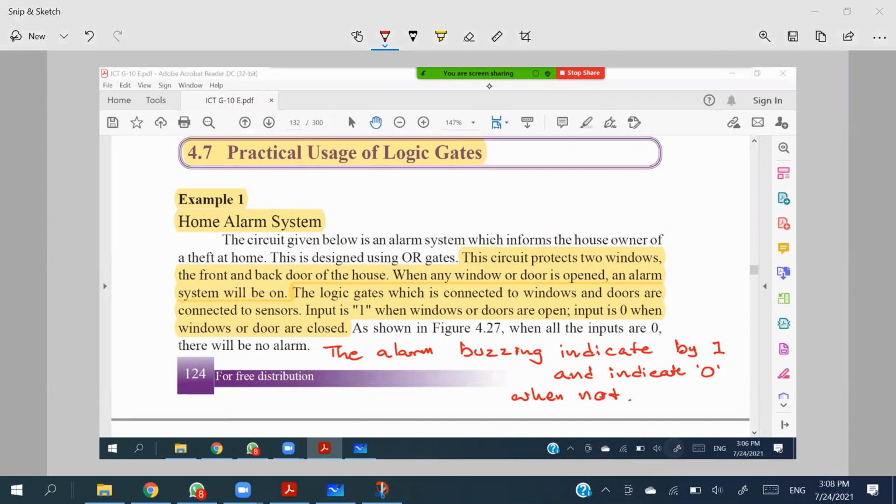So the highlighted part should be written, and then the things I have written here. Copy those things, then we'll copy the things on the whiteboard.